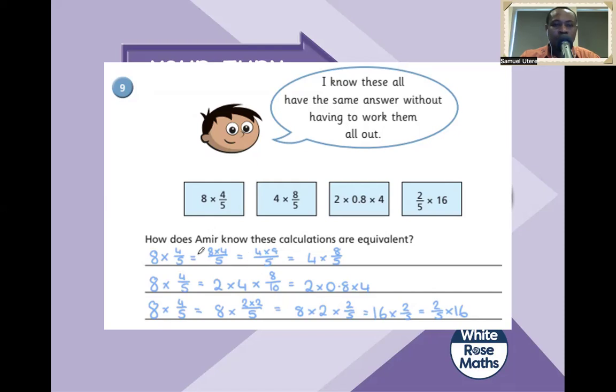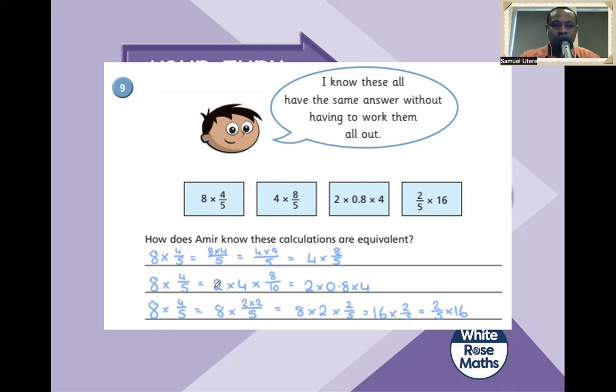Well, he knows because we simply multiply the numerators, and here that would be 32 over 5, 32 over 5, and then here, 8 over 10. This 0.8 means 8 over 10.